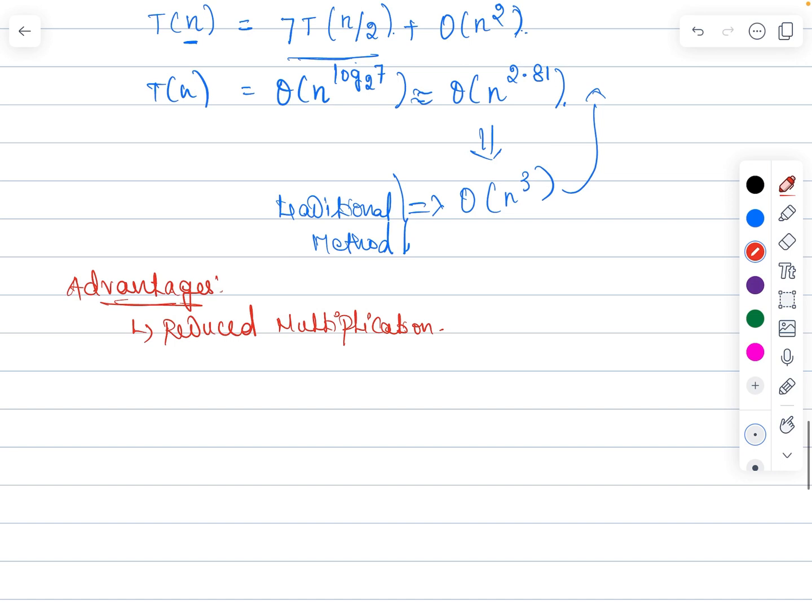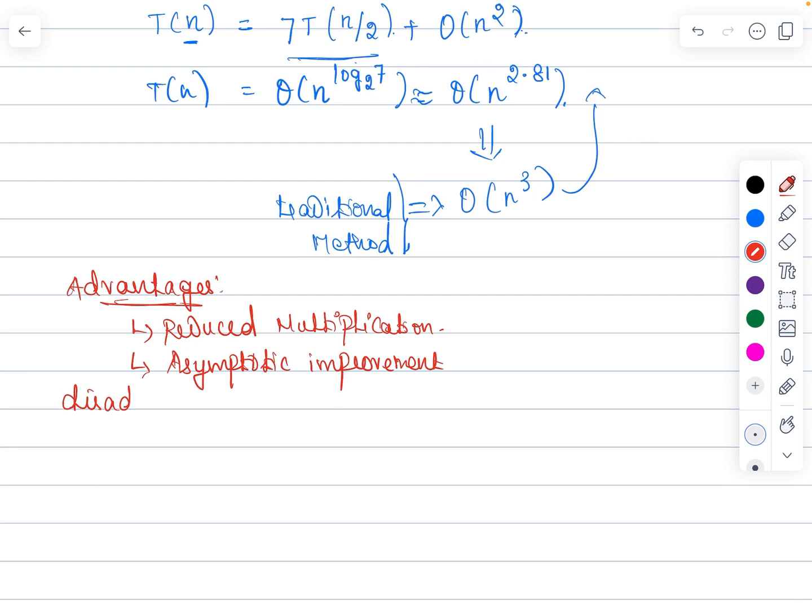And the second one is time complexity, an asymptotic improvement. For very large matrices, big O of n power 2.81 complexity provides a substantial improvement over big O of n cube. So, these two are the advantages.